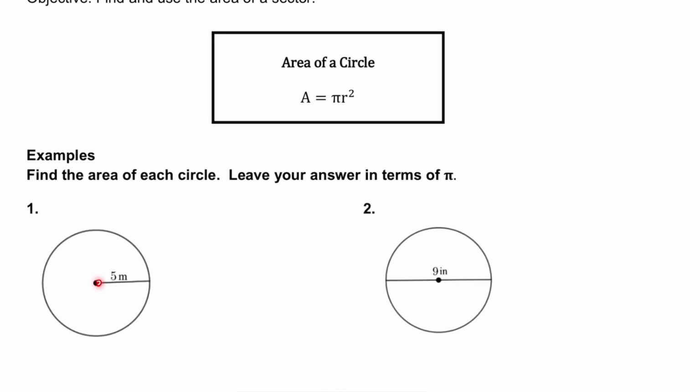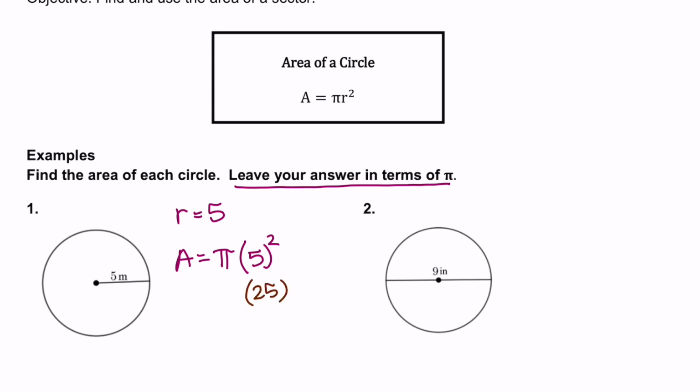Our radius here on number 1 is 5, so I'm going to write that down. Radius equals 5. To find the area of the circle, I'm going to take pi and multiply it by my radius, which is 5 squared. This says to leave your answers in terms of pi. So we take 5 squared, which is 5 times 5, which is 25, and times it by pi.